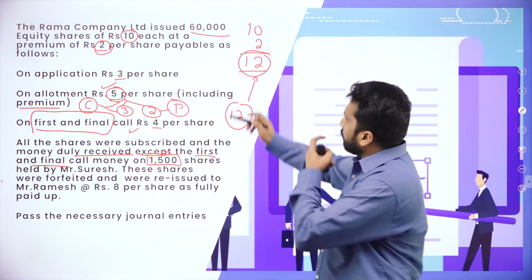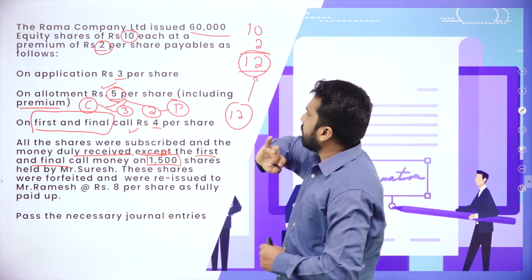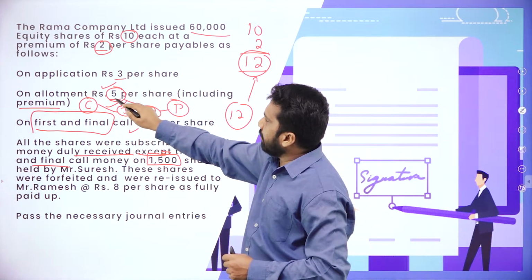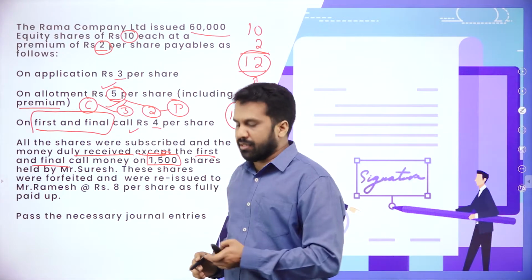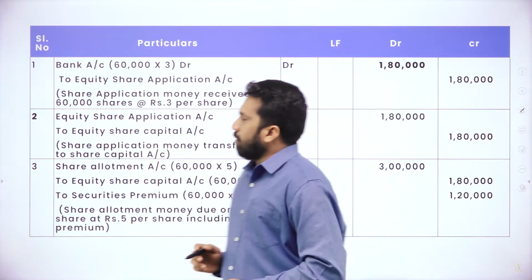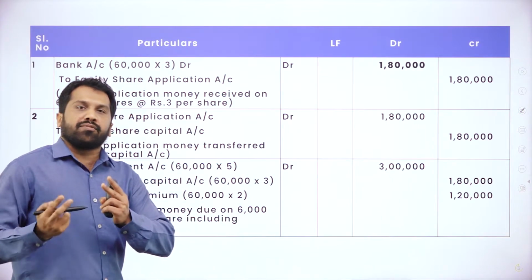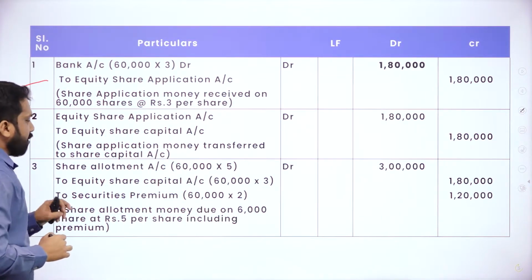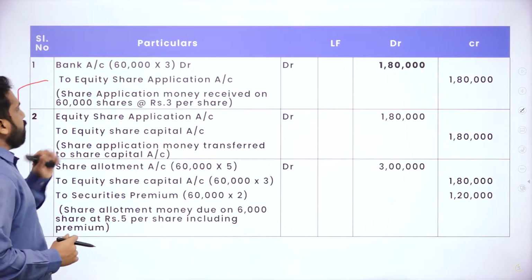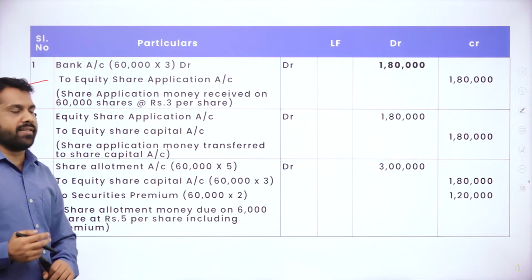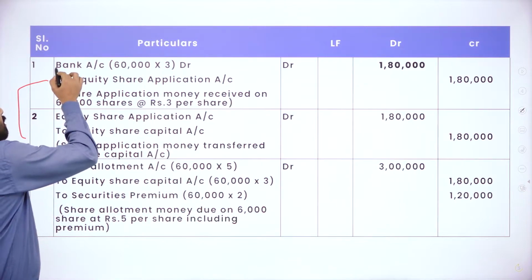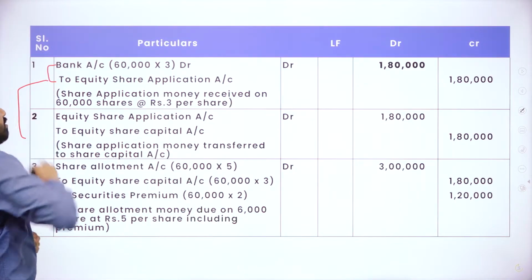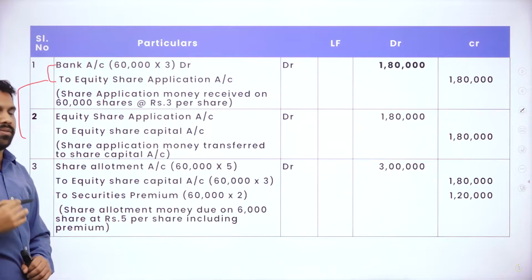Now, remember, number of shares is 60,000. Application 3, allotment 5. Remember this. As I told you, there are 2 journal entries for each. Now we are doing application. The journal entries are: Bank account debit to share application account.